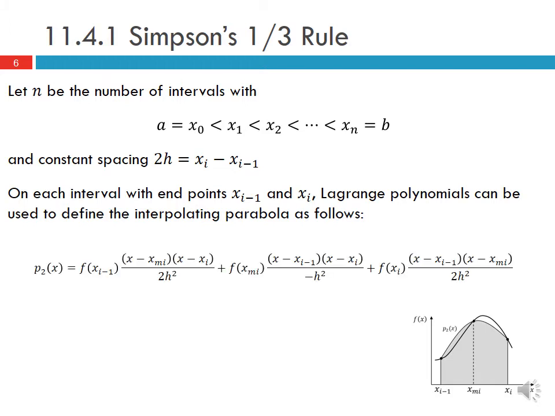If you recall the Lagrange polynomial formulation, this shows a parabola between x_{i-1} and x_i, also passing through the midpoint x_{mi} in this case. So x_{mi} is the midpoint of this interval i.